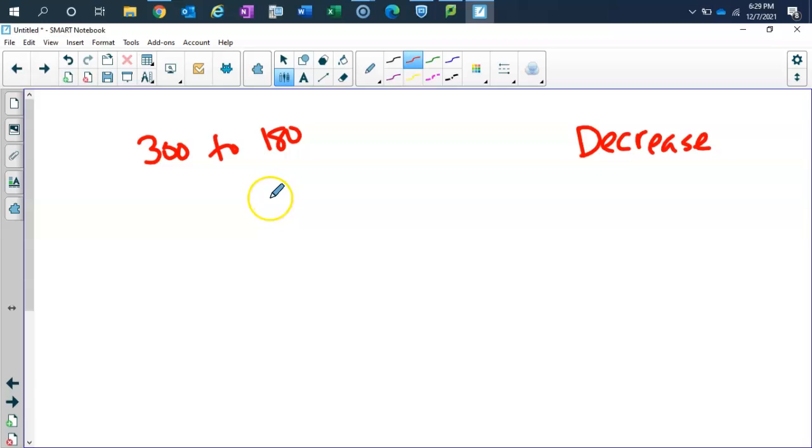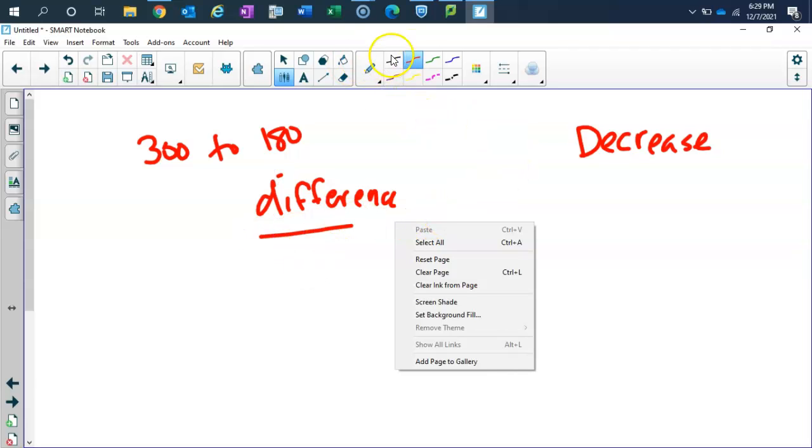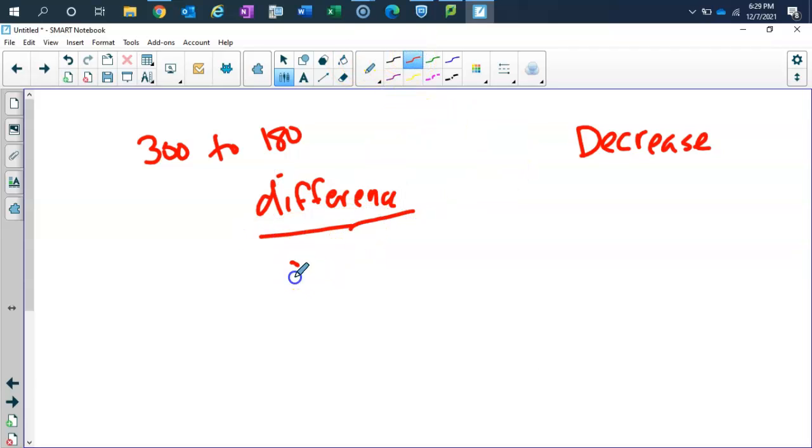We did the difference over the original equals percent over 100. Remember, we set up a percent proportion, and our percent proportion was the difference over the original, that's the starting amount, equals percent over 100.